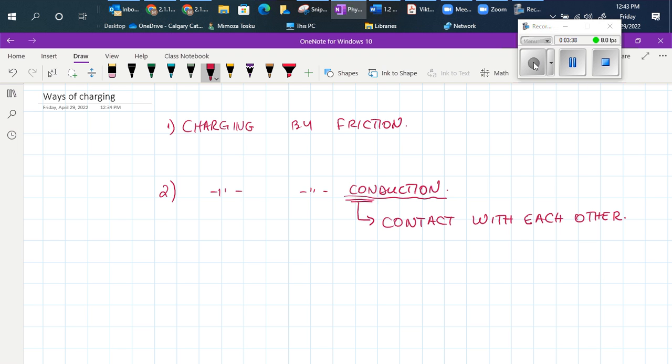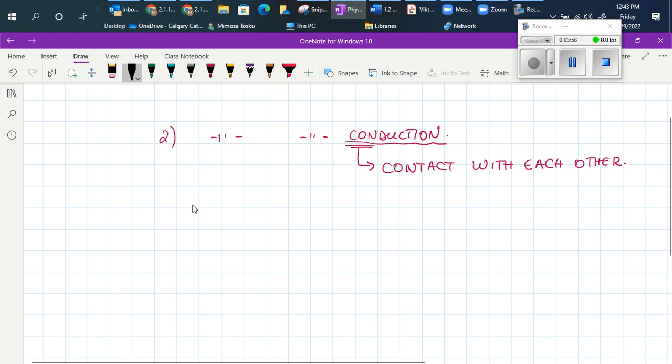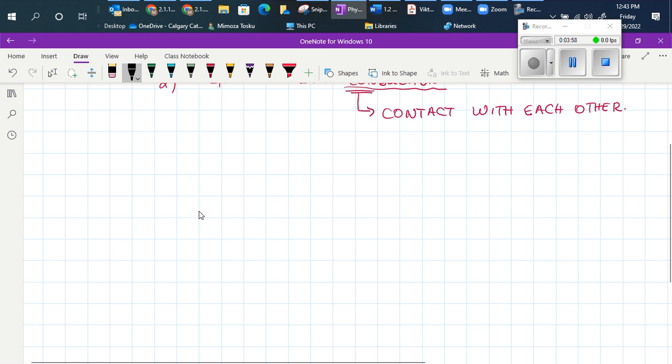In everything that you will see, when we are charging by conduction, as part of the program of study of Physics 30, we are dealing with two identical materials. So what you will see is two identical spheres, either in contact with each other or connected with a conducting wire.